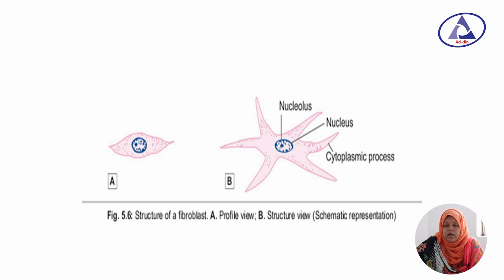The answer is rough endoplasmic reticulum's main function is to produce protein rich substance, and the fibers are protein in nature, so it contains more rough endoplasmic reticulum. Here is a picture, we can see a fibroblast with its different parts like nucleolus, nucleus and with its cytoplasmic processes.